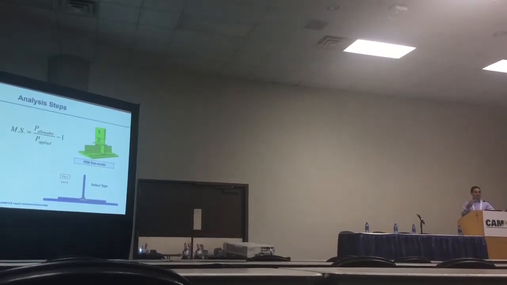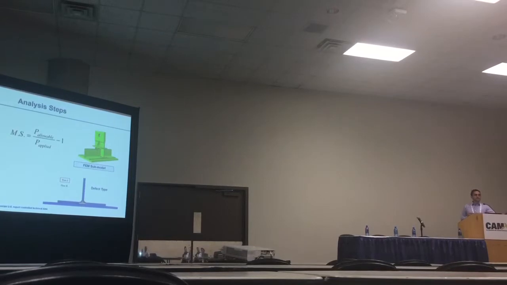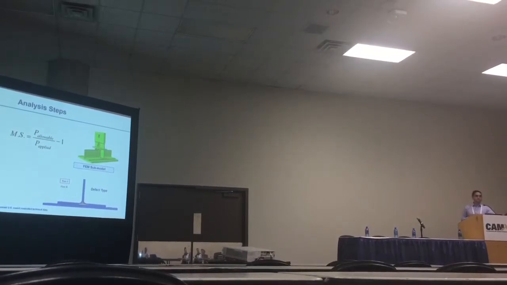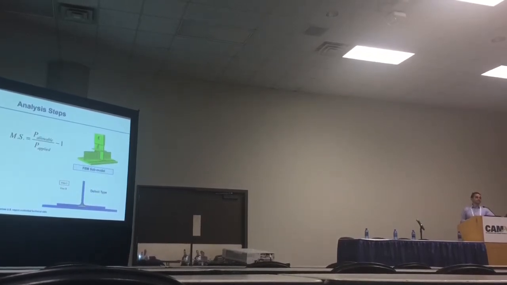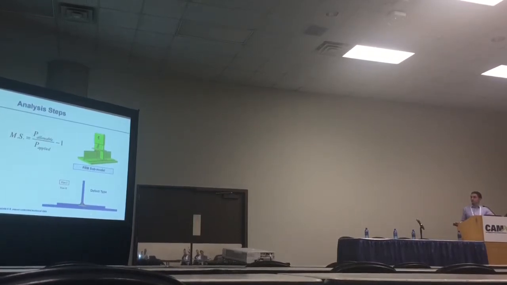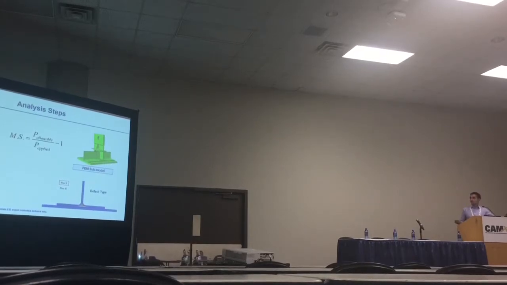I think you can ask questions. Just a quick clarification: are you modeling the contact between the noodle and your carbon? There are nodes released, so I am essentially simulating a flaw. To simulate a flaw, they're all in contact, with the exception of this area in the middle. Does that make sense?